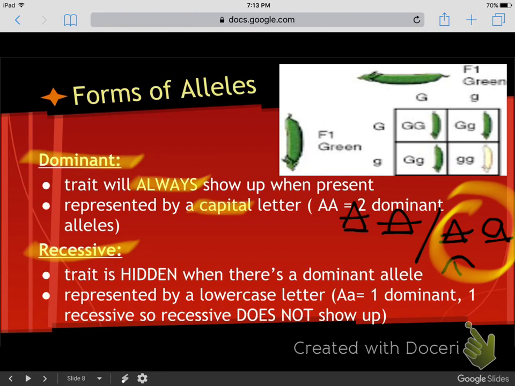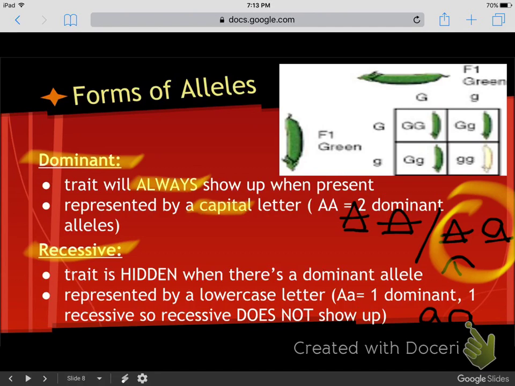The only time a recessive trait will show up is whenever you have 2 of them. Okay? So little a is going to give you the recessive trait. If there's a capital letter there, you're not ever going to get the recessive trait because the dominant one will always shine through.